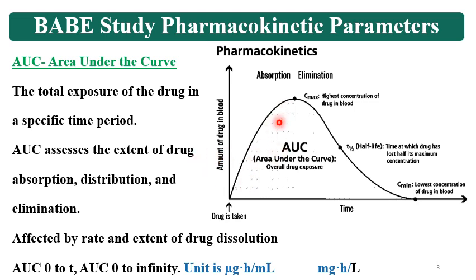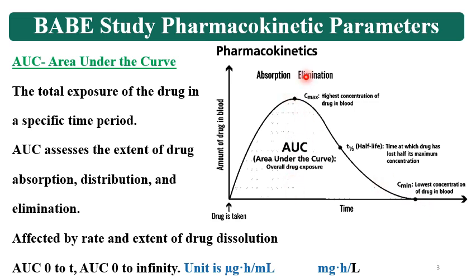Now what type of information is taken from this AUC? AUC assesses the drug extent, its absorption, distribution and elimination. So this area is related to the drug absorption phase. This is the absorption phase and this is the elimination phase.